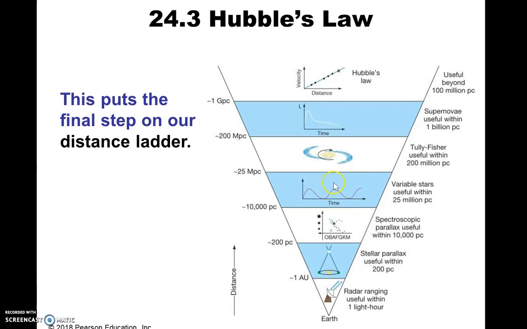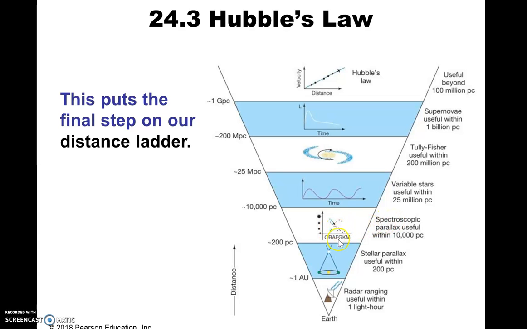The Cepheid variables are this rung up here, but there are Cepheid variables that are close enough to us that we can measure using stellar parallax. And then, of course, there are stars that are closer to us that we can do the spectroscopic parallax, and so we can use stellar parallax to verify the values that we get using spectroscopic parallax.